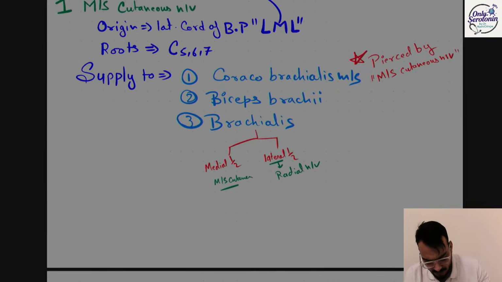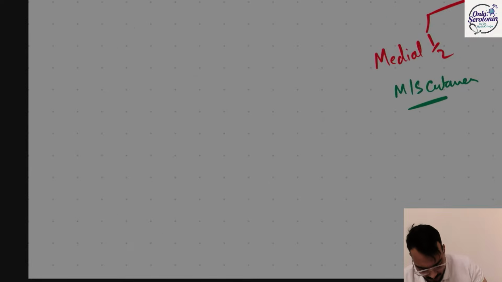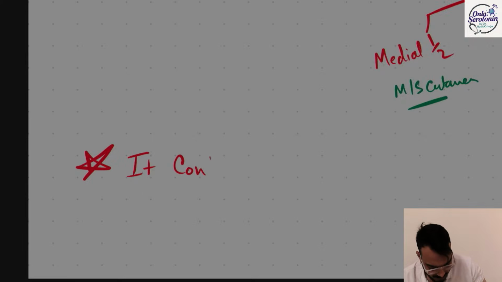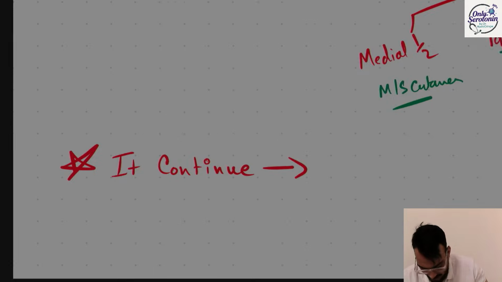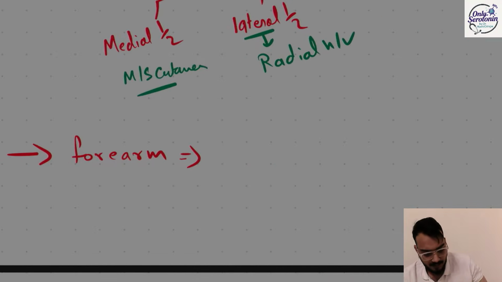The last thing you should know about the musculocutaneous nerve, and it is very important: it is going to continue in the forearm.